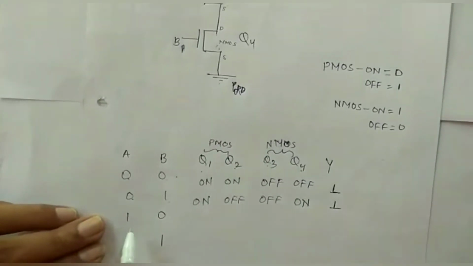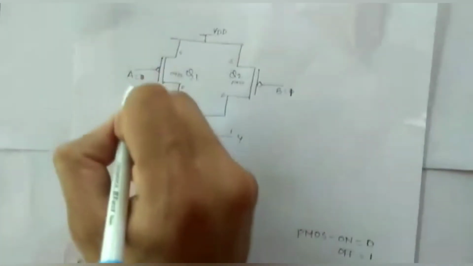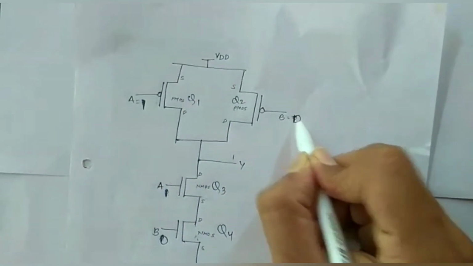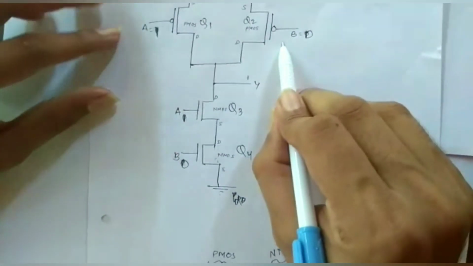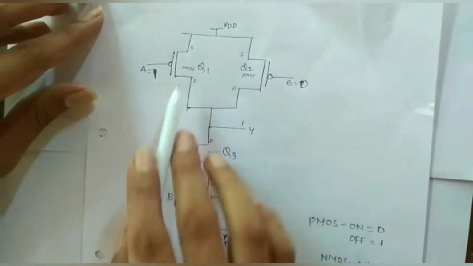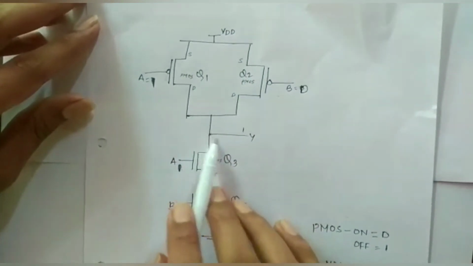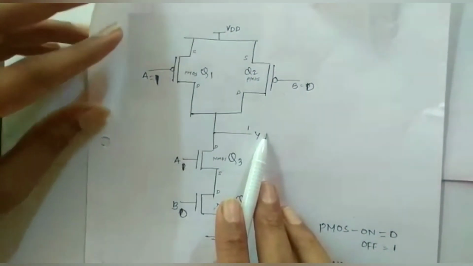For AB 1 0, when A is 1 and B is 0, the PMOS for A will be off and the PMOS for B will be on and connected to VDD. Since they are connected in parallel, the output is going to be 1.